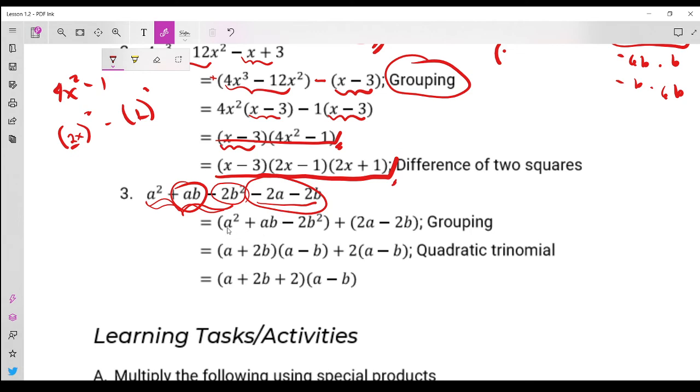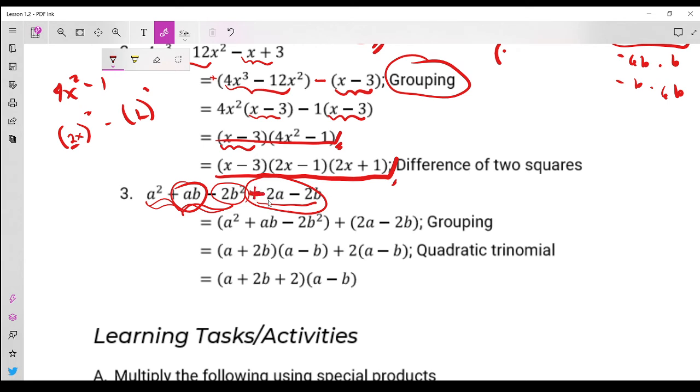Here I have the groupings a squared plus ab minus 2b squared, and then, oops, I think there's something wrong with this one. What's wrong with our given? It should be positive in our given.